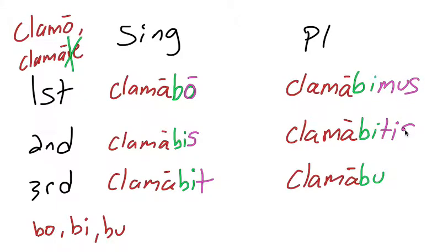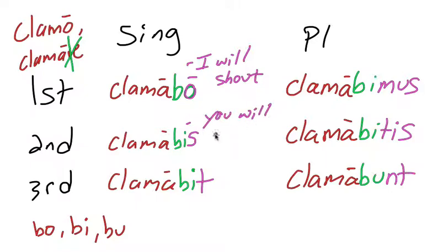TIS, ENT. Okay, so clamabo would be translated as "I will shout." Or you could say "I shall shout," but we generally tend to not use shall as much in English in colloquial, 21st century dialogue. Okay, so clamabis, you will shout.